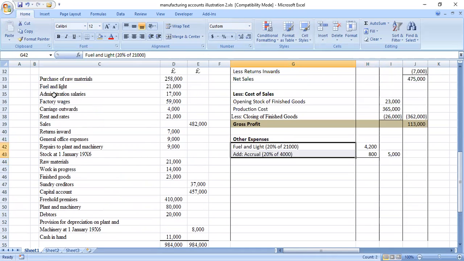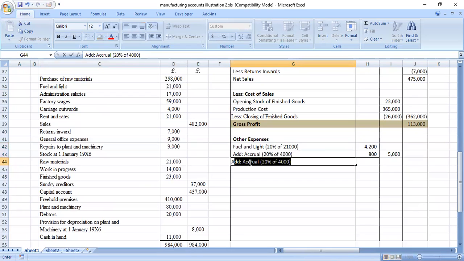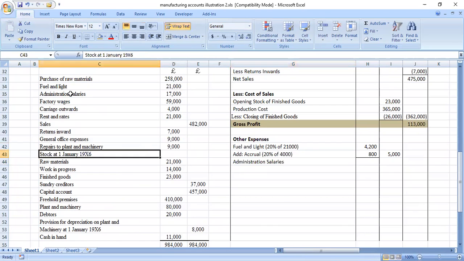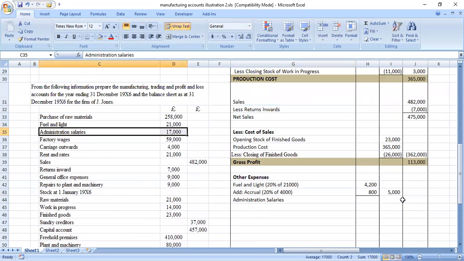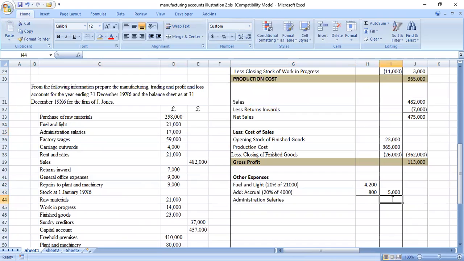Next we have administration salaries. The administration salaries, 17,000. I don't think it has any additional information, so we have it as simply 17,000 shillings. Then we have factory wages. Factory wages, we said this is a direct expense.